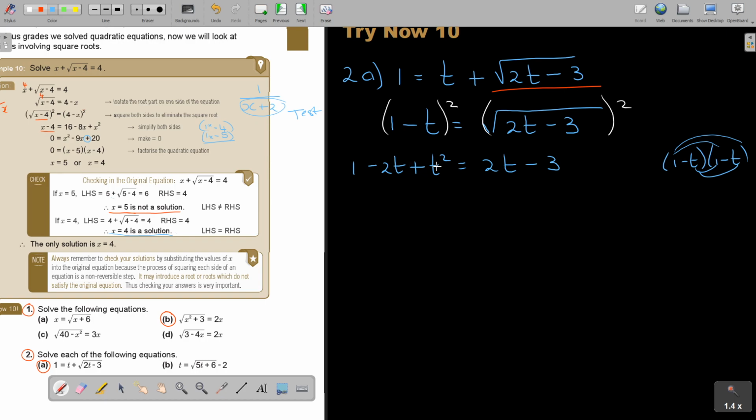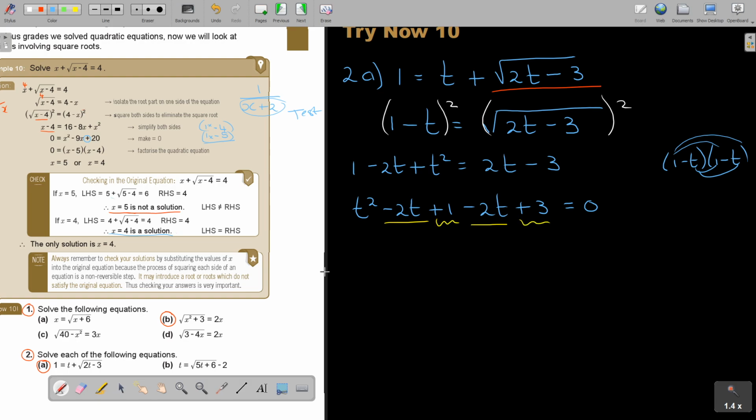Now, as soon as I see it's quadratic, I take everything to one side, so I'm going to say t squared minus 2t plus 1 minus 2t plus 3, and I put it equal to 0. Okay. Then I'll just find my like terms. This is like.